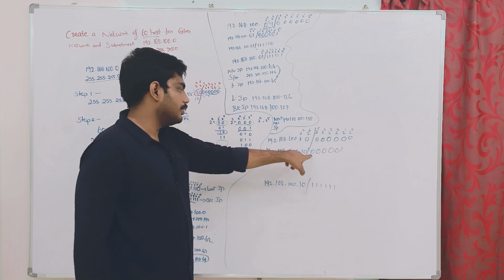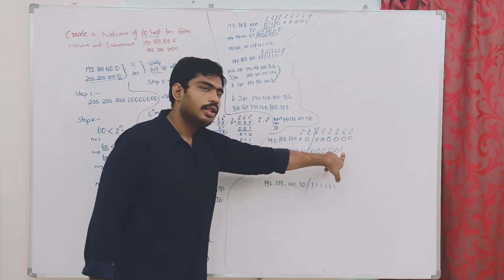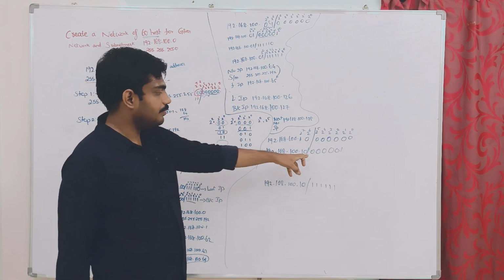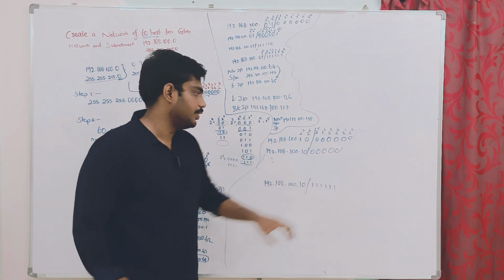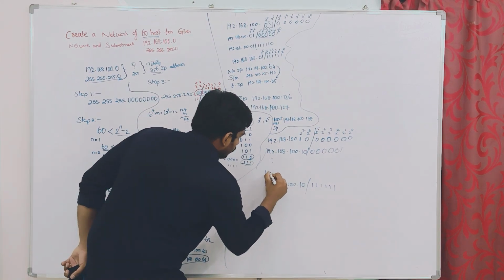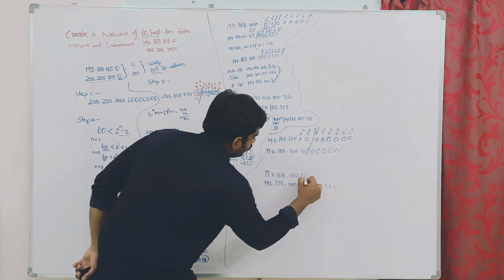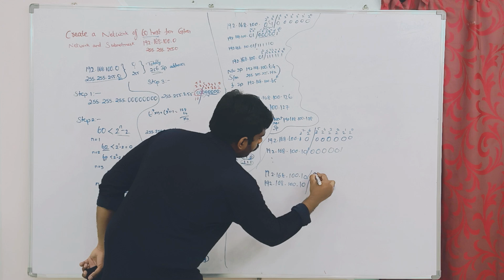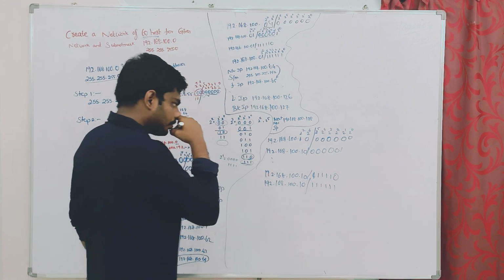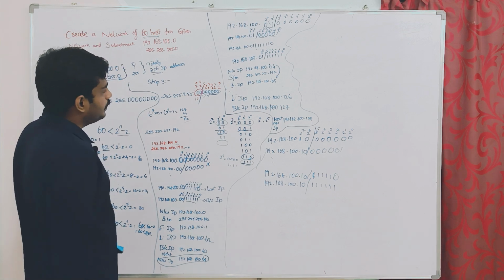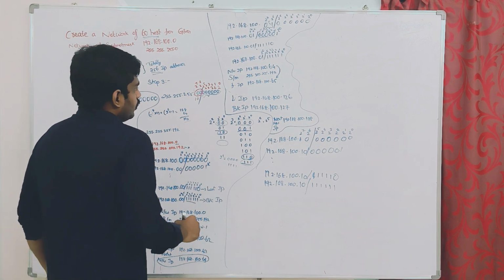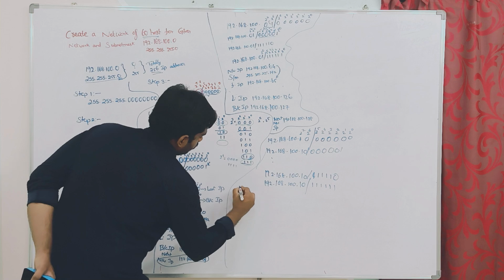The first IP will be all 0s ending with 1. The last IP will be the reverse of that, all 1s ending with 0. 192.168.100.10 slash 111110. Now, what will be the network?